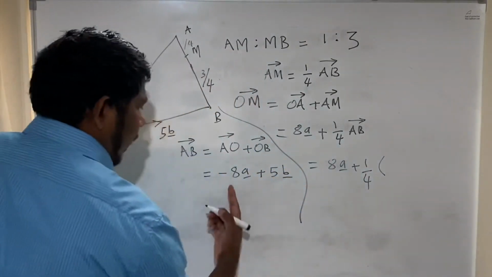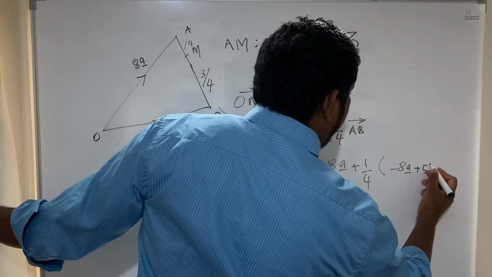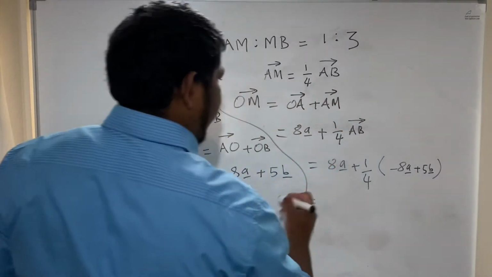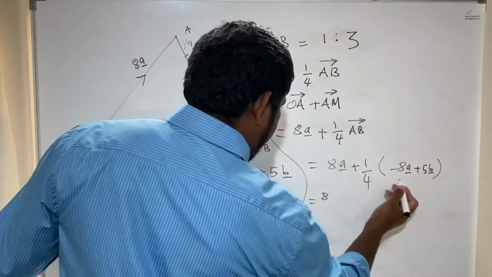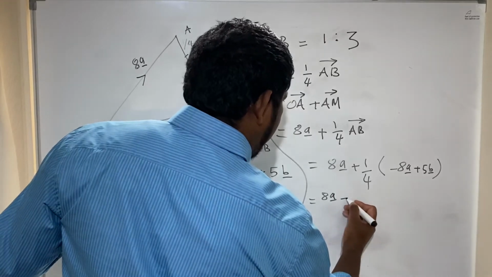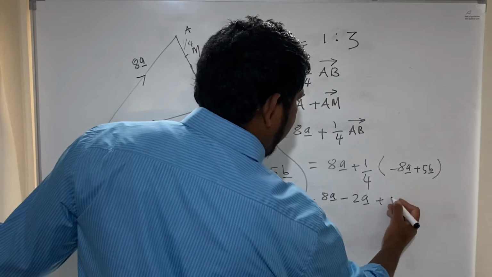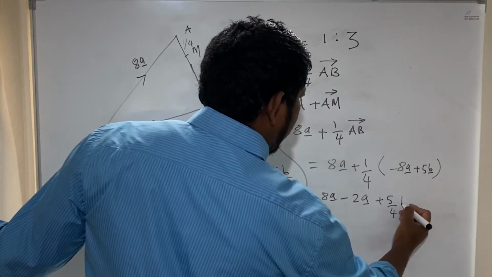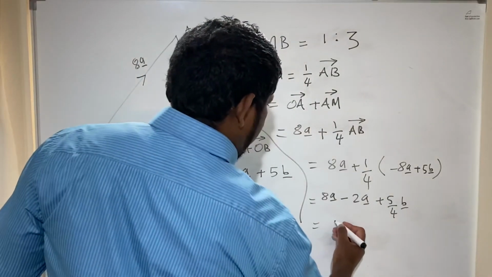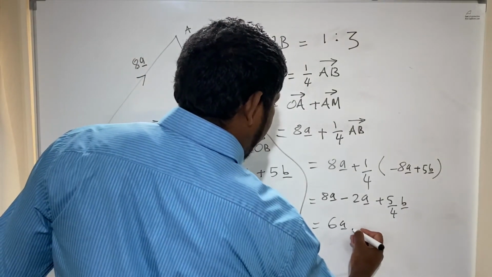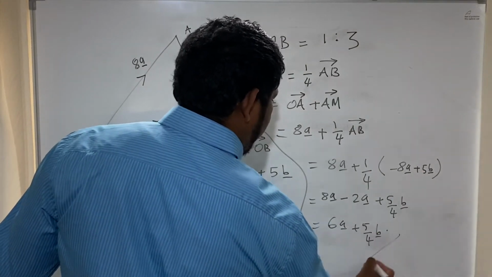So that's minus 8A plus 5B. So we can simplify, just rid of the bracket. So that is going to be minus 2A plus 5/4 vector B. So it is 6 vector A plus 5/4 vector B. That's the answer.